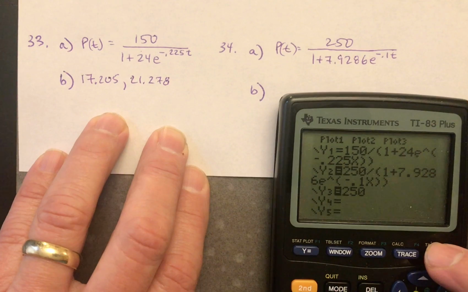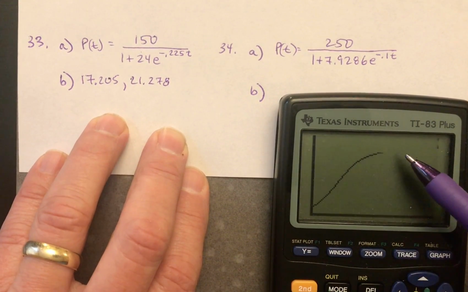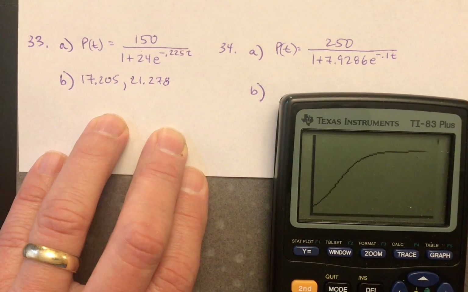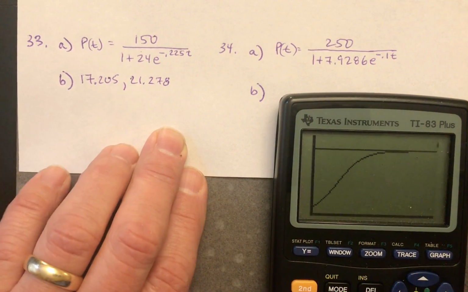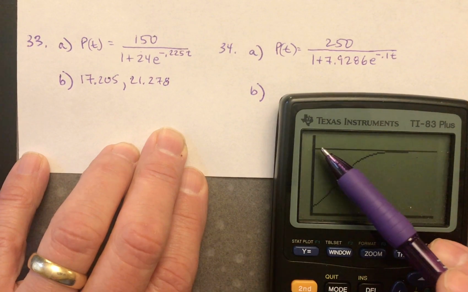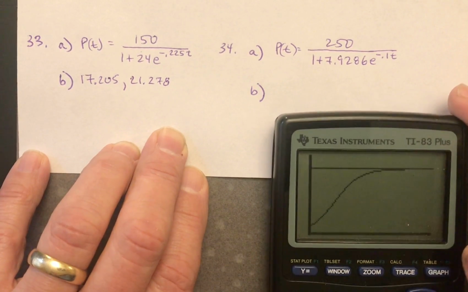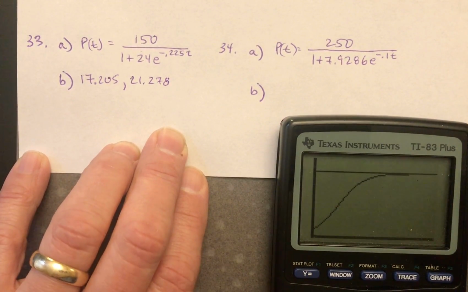Now, when I graph this, you can see how it takes off, and then it starts leveling off at 250. Okay, and then now we can see that here's my horizontal line at 250. It's really a horizontal asymptote. The question is, when will it reach 250?